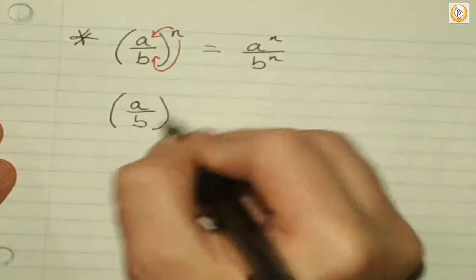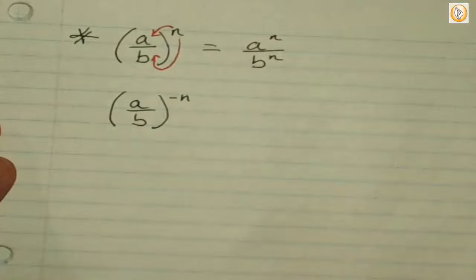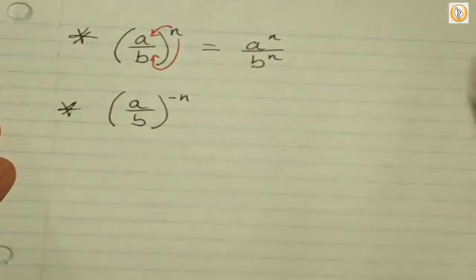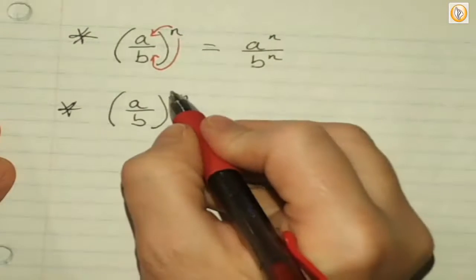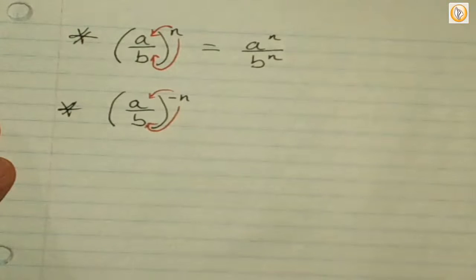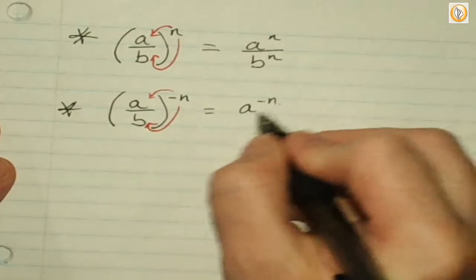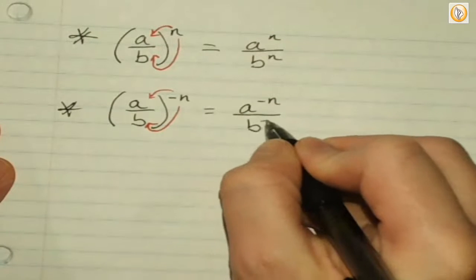A over b to the negative n. In fact, I'm going to put a star. Okay, so we're going to apply that to the top number and the bottom number. So therefore, it's a to the negative n over b to the negative n.